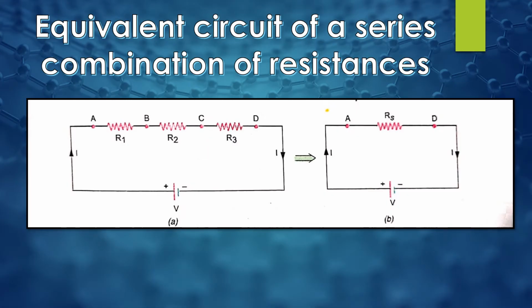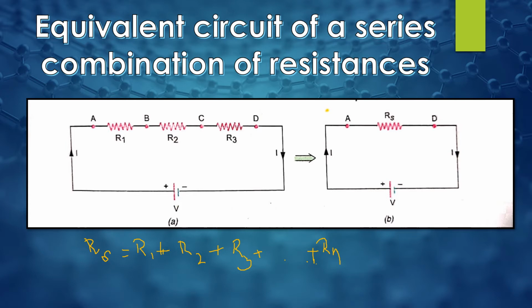If n resistors are connected in series instead of 3 resistances, then the effective or equivalent resistance of the series combination is given by Rs equals R1 plus R2 plus R3 plus so on till Rn.